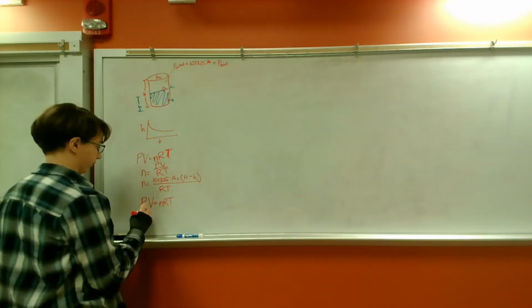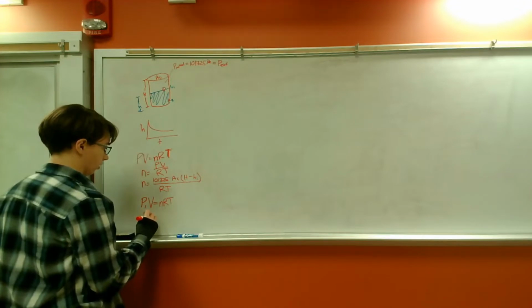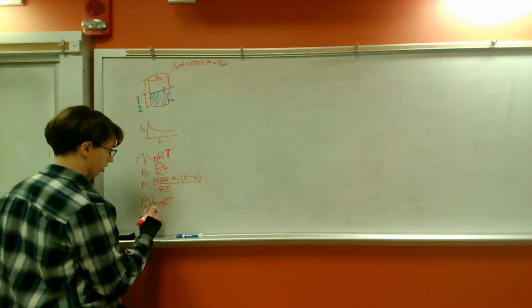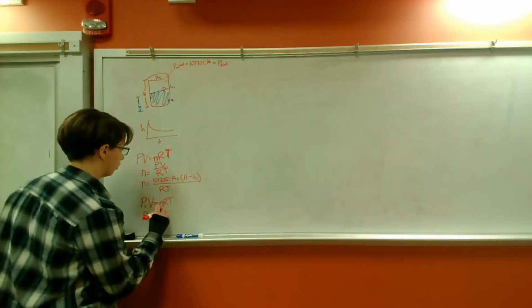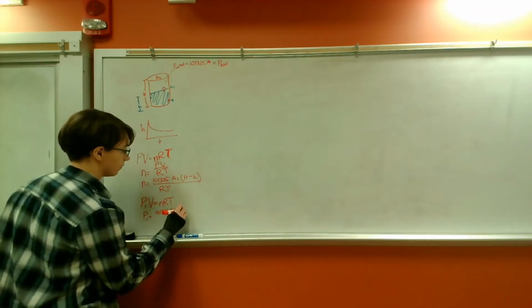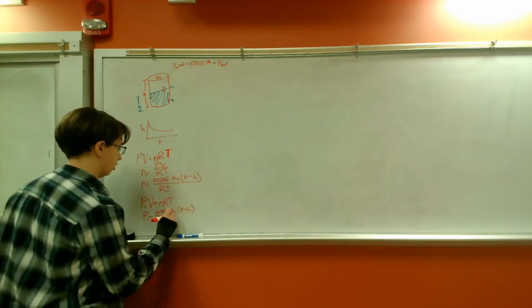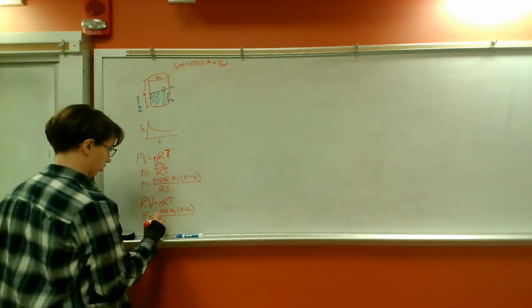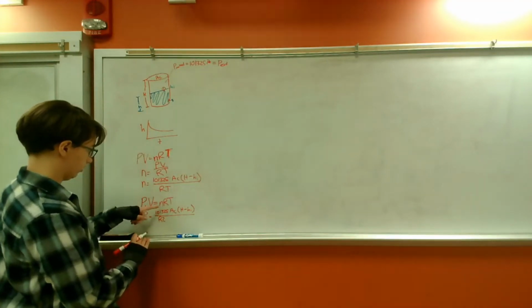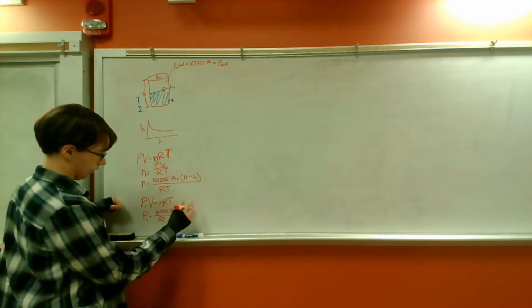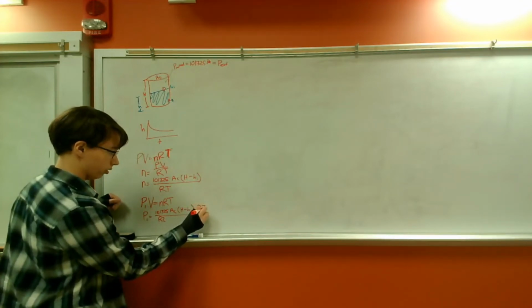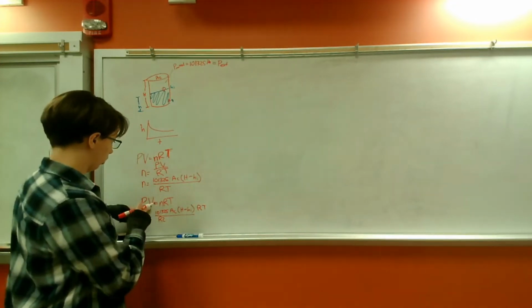So then the pressure at 1 is equal to n, which is 101.325 times cross-sectional area times capital H minus initial height of the liquid over RT, and that's n, and then times RT, divided by the volume.